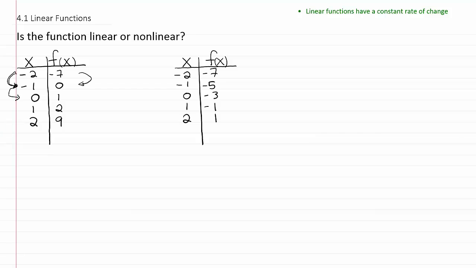So on the x-axis, it's the same amount of change. So we expect the change in y to be the same as before if the function is linear. So we'd expect to go from 0 to 7, but instead we go from 0 only to 1. So the change is quite different there. And that means that this function, the first one, is not linear.